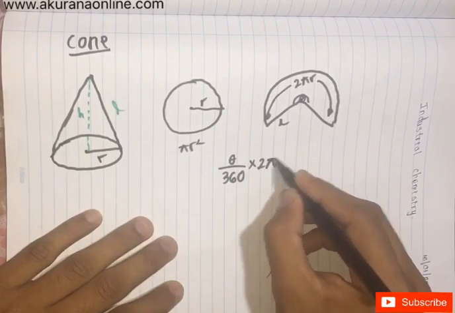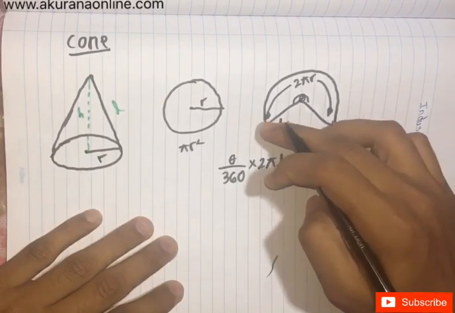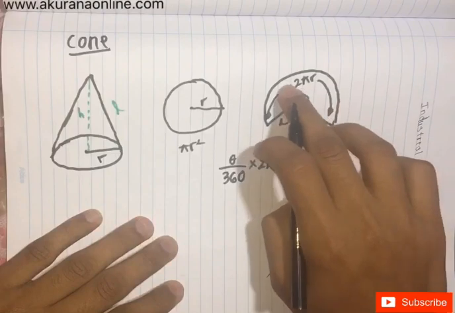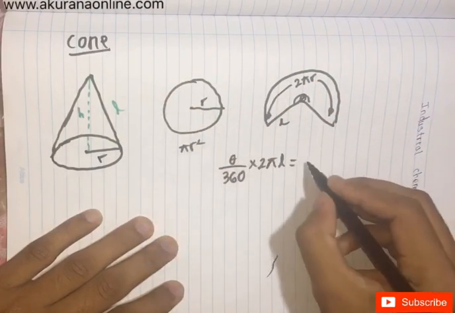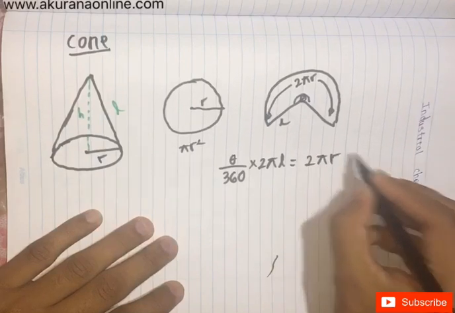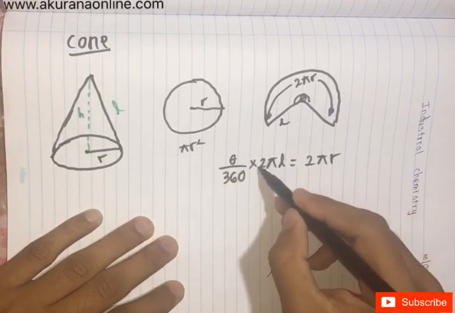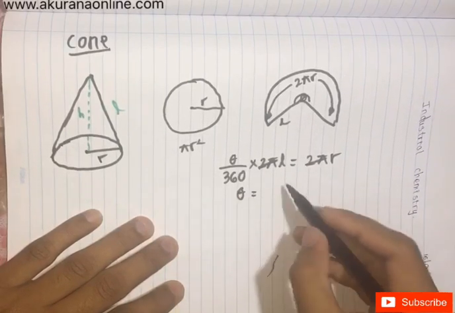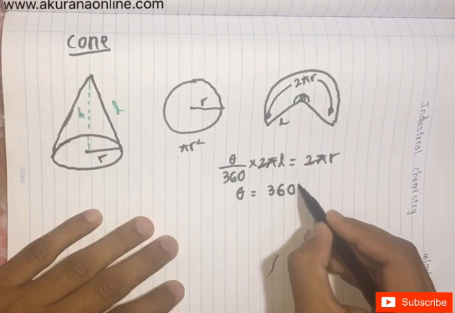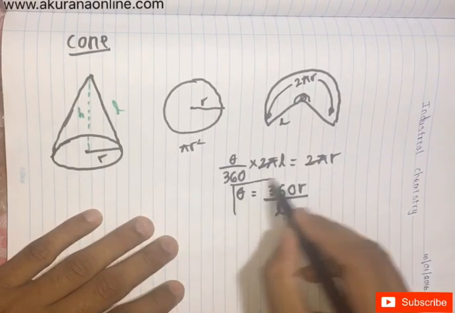You already know that this total sector arc is equal to the circumference of the base circle, therefore I can use 2 pi r. Now using this I am going to find theta. So I can cut 2 pi here, and theta is equal to 360 r divided by L. Now this is my theta.